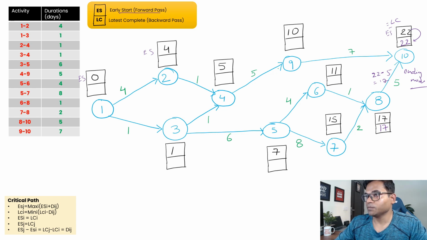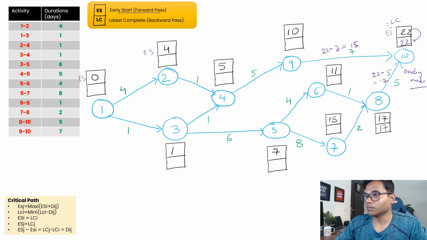Now if you take this path for 9, 22 minus 7 basically means it's 15, right?